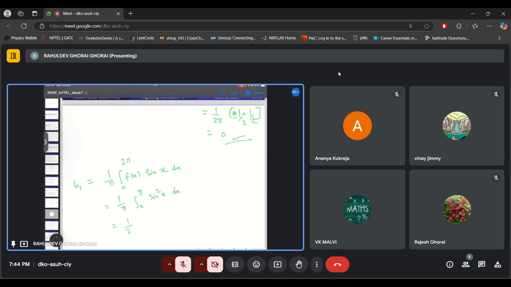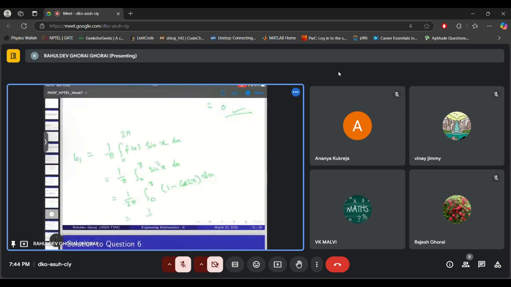How do you evaluate this? Again 0 to pi, 2 sin square x. What is the value of 2 sin square x? It is 1 minus cos 2x. Cos 2x is cos square x minus sin square x. 1 minus cos square x will be sin square x, another sin square x comes into the picture, and that makes 2 sin square x.